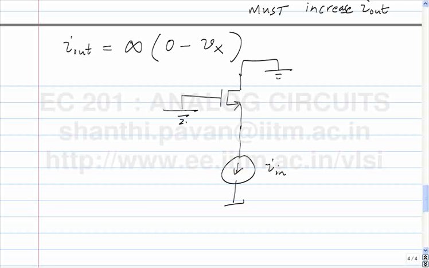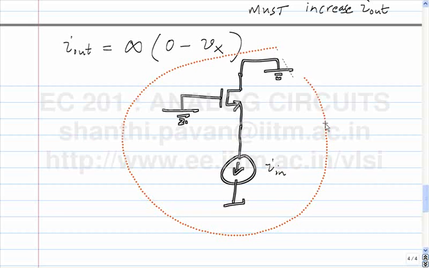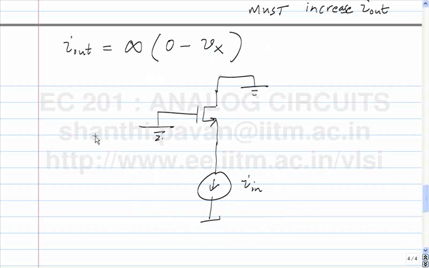So this represents the incremental circuit diagram of what we are after. Where is your output? The incremental current through the drain is the current that you are after. Does it make sense?